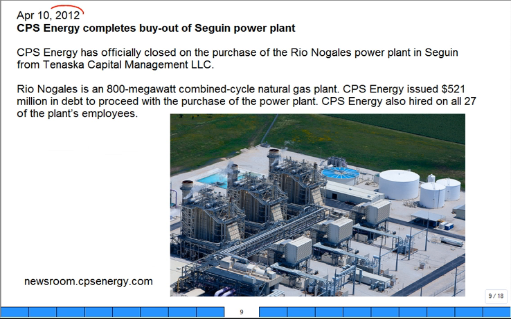In 2012, they purchased the Seguin power plant, Rio Nogales. All right, and it's the name of a street in Seguin that the power plant's named after. 800 megawatts combined cycle natural gas plant. You could see it has 1, 2, 3 systems, so it's very modular.